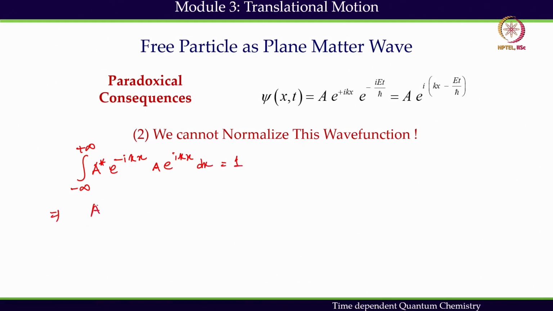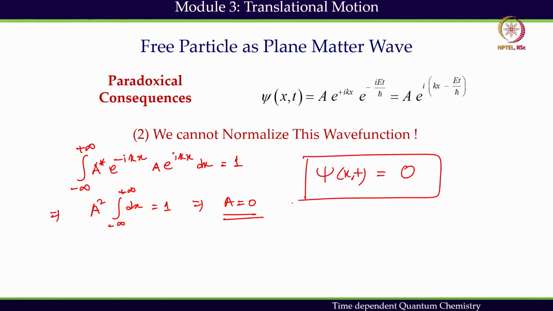If we try to normalize it, what I get? A square integral from minus infinity to plus infinity dx equals 1, which is giving me A equals 0. So, the moment I try to normalize the wave function will vanish. A equals 0, everything is 0. How come a wave function would be 0 and which will represent a particle in quantum mechanics? So, this is another problem with this solution.